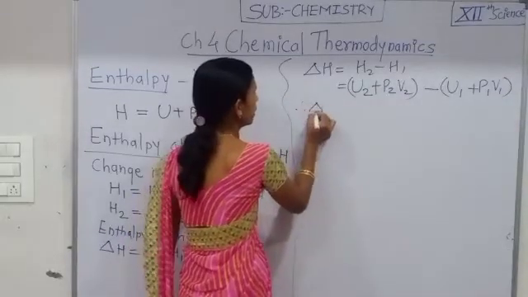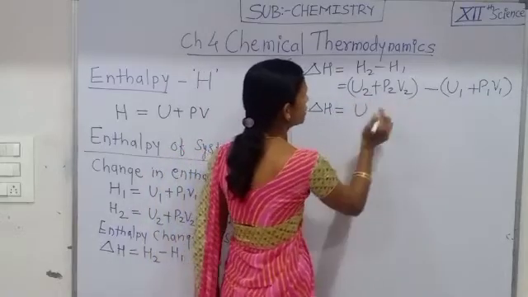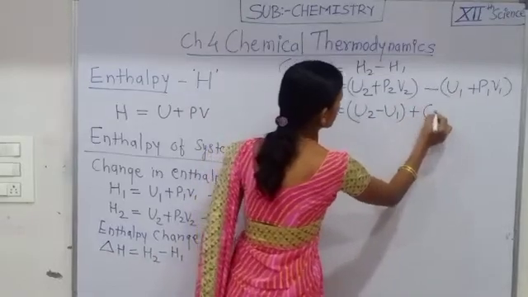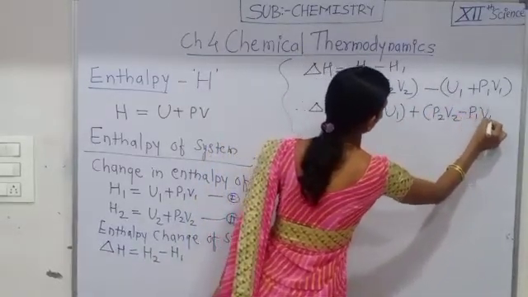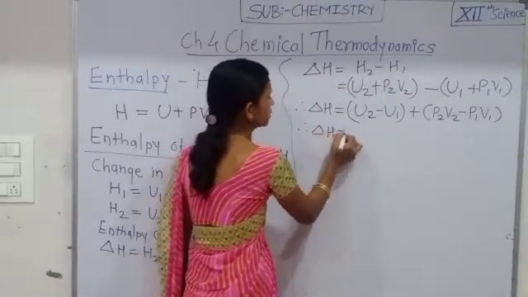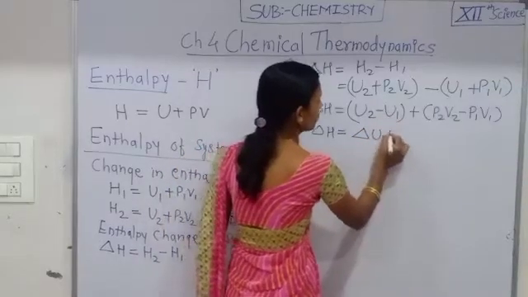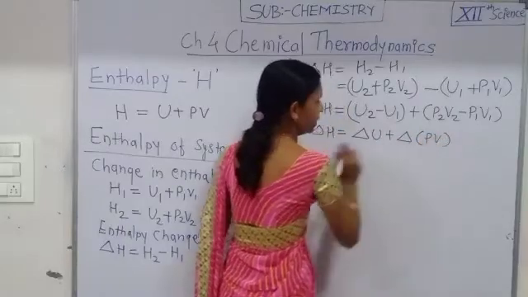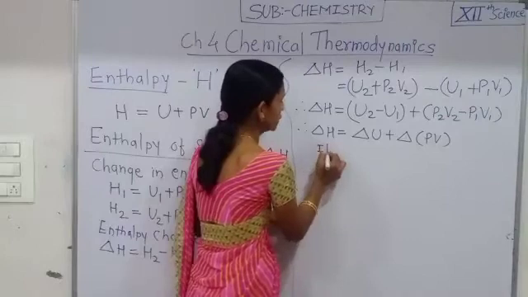Simplifying this equation, delta H is equal to U2 minus U1 plus P2 V2 minus P1 V1, and therefore delta H is equal to delta U plus delta PV.